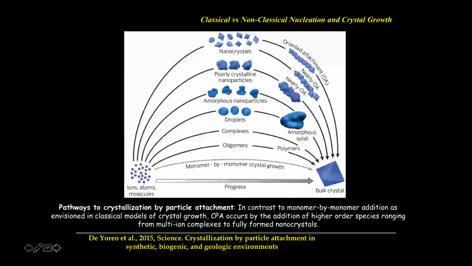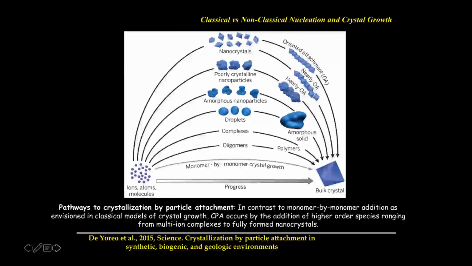But increasingly, we're finding out that there are indeed non-classical pathways, and quite often these involve the early formation of nanoparticles of many types. These quite often become ordered aggregates, and we get oriented attachment of nanomaterials that ultimately lead to crystallization.